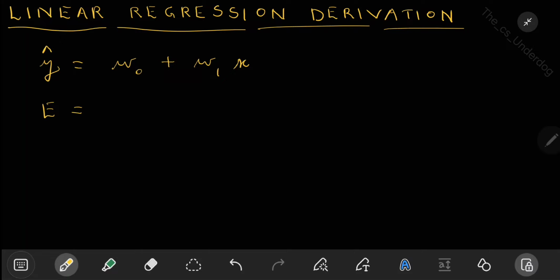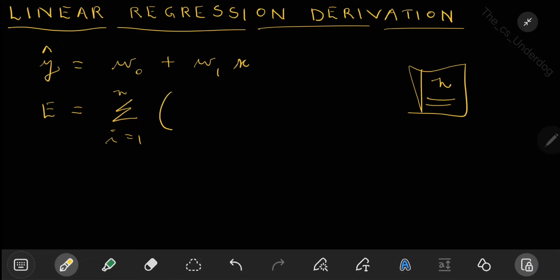What will be the equation for sum of squares error? You have y and y cap. So sum of squares, you have to sum sigma all the points. Let us say you have n different data points. So you are summing through all the points. Let's say i is equal to 1 to n. What is the squared error? y minus y cap, right?